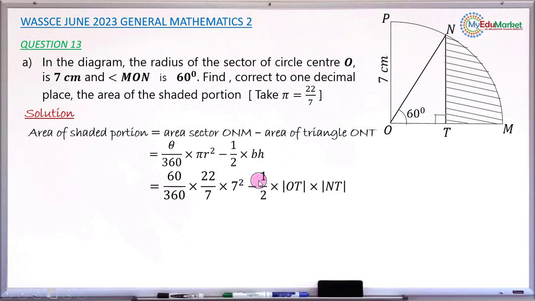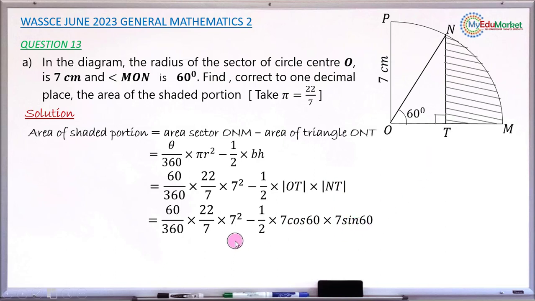Then minus half the base, which is the distance OT, and the height of the triangle is the distance NT. Applying the trig ratios, the distance OT will be 7 cos 60, and the distance NT will be 7 sin 60.